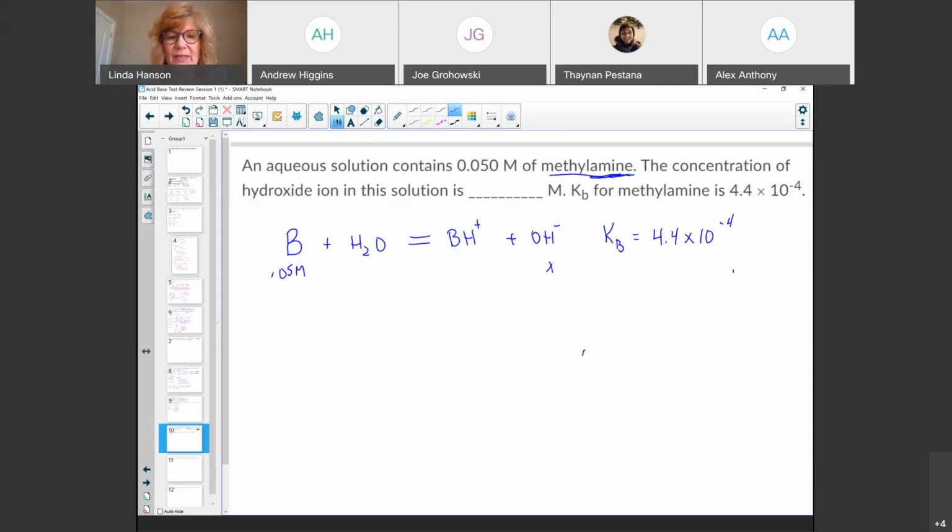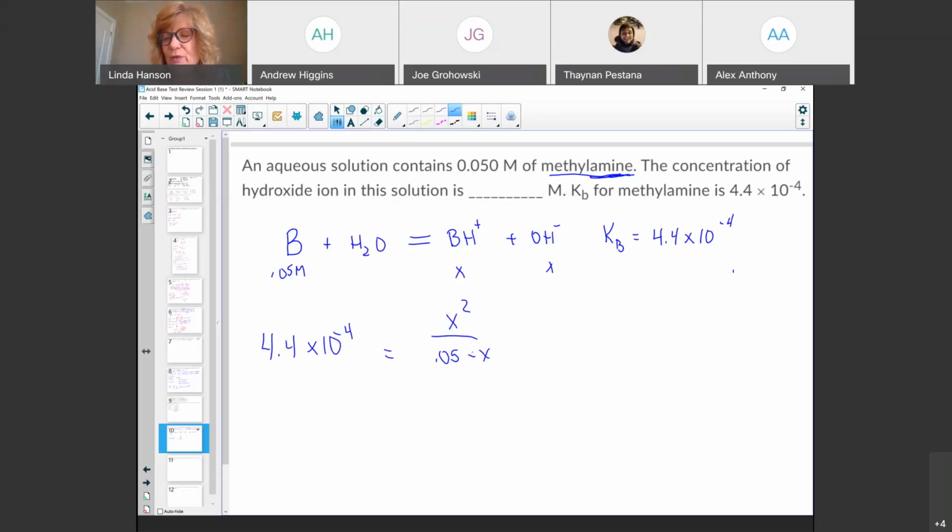It would also be the same concentration as the BH positive. So given the Kb of 4.4 times 10 to the negative fourth equals x squared over, technically, 0.05 minus x at equilibrium.